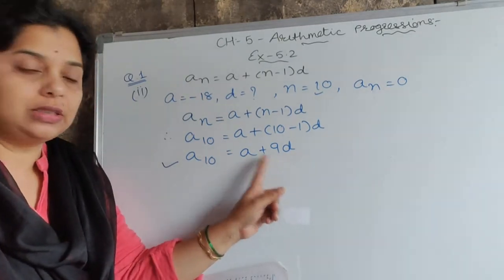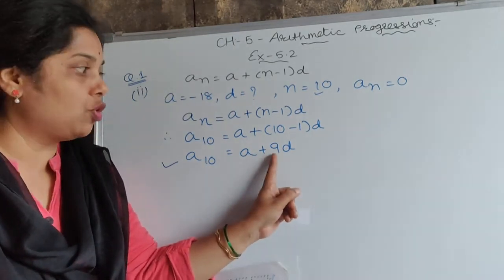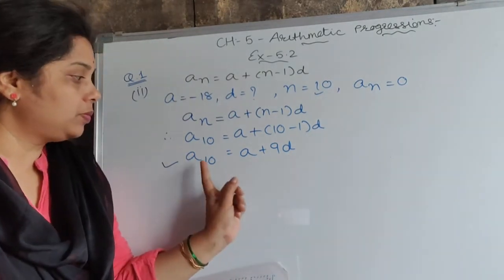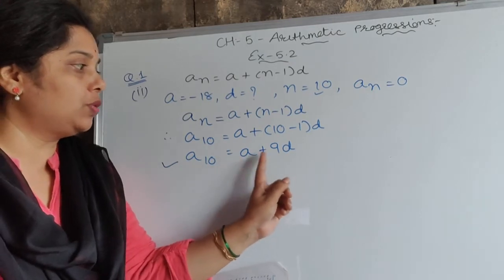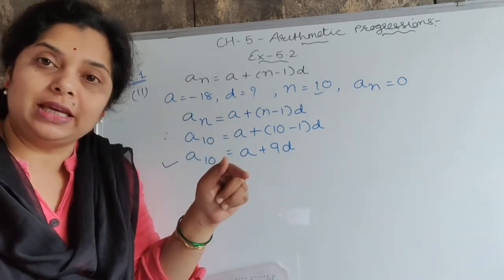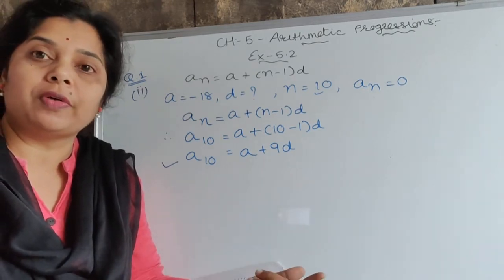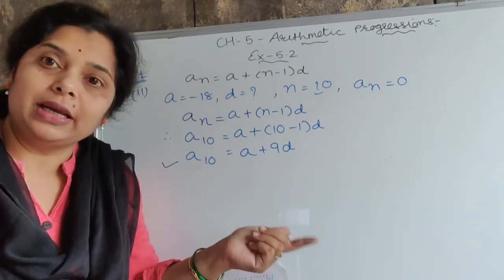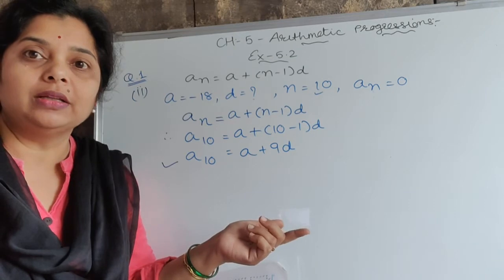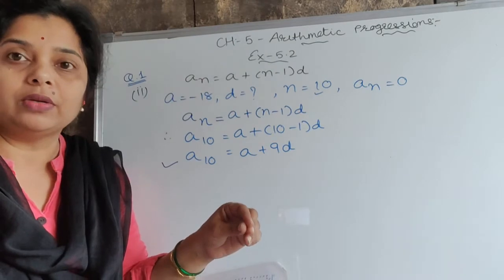It becomes one less. The number of terms here, one less than that, becomes the coefficient that will be multiplied with d. Okay, now see here, A10 is equal to a plus 9d. In the earlier one, the first example, A8 is equal to a plus 7d. For example, if they ask to find A14, then you can directly use a plus 13d. Is it clear? Okay, we will do the other examples ahead, then you can easily get this knowledge about how to find any term. Okay, the formula is fixed.